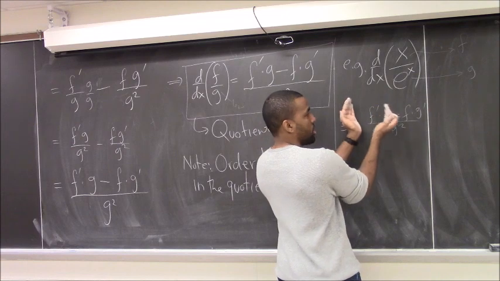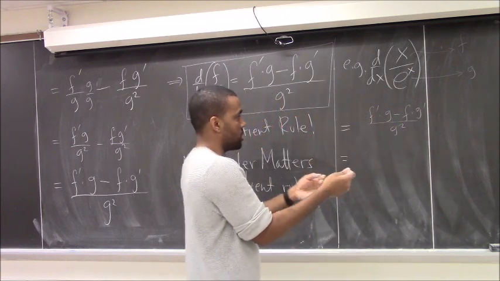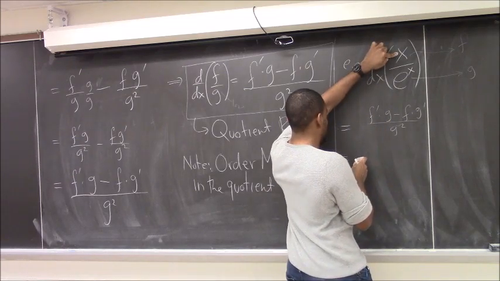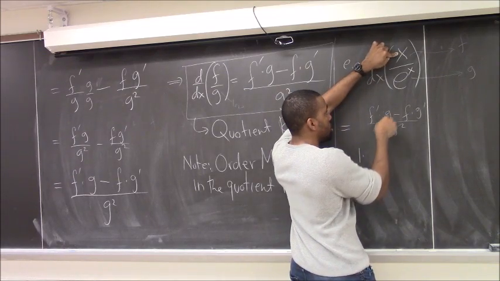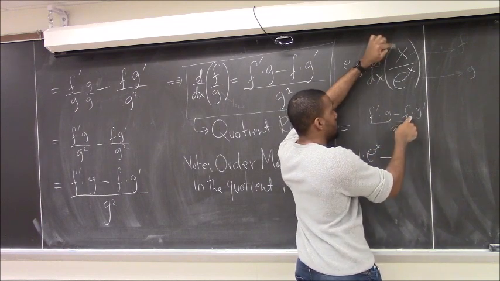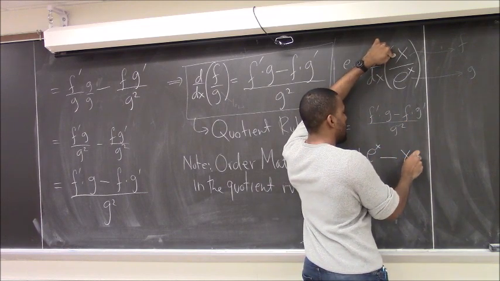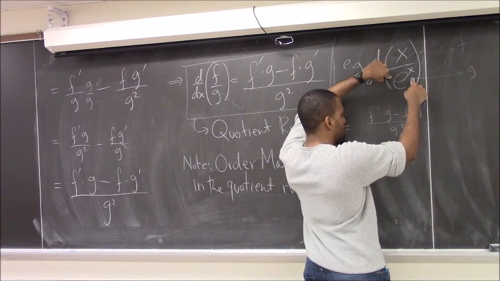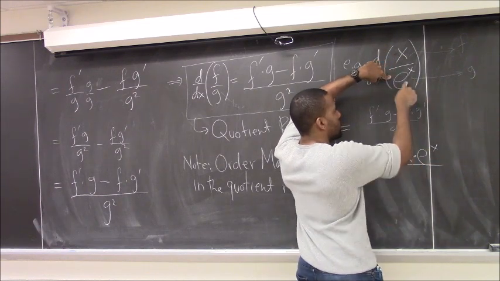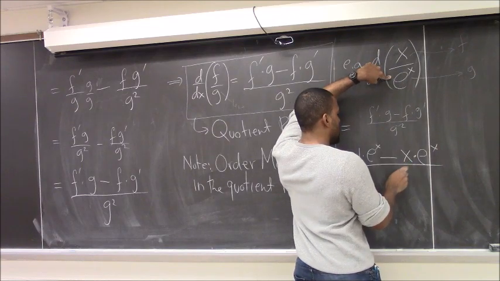So you just plug them in one at a time, just like with composite functions in general. f prime is the derivative of this, which is 1. The g is just the original, e to the x, minus f, which is x, times g prime, the derivative of e to the x, which is e to the x, all over the bottom squared. So this is e to the x squared.